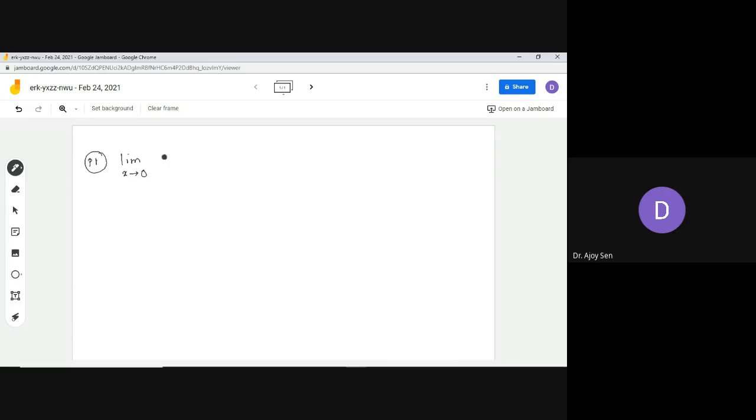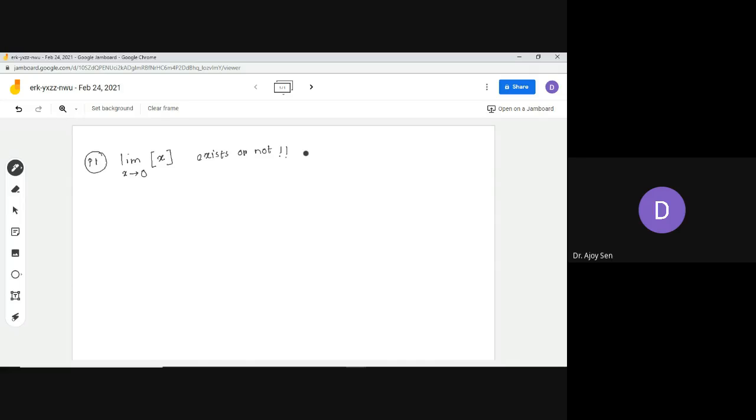Limit x tends to 0, box x. You have to check whether this limit exists or not.